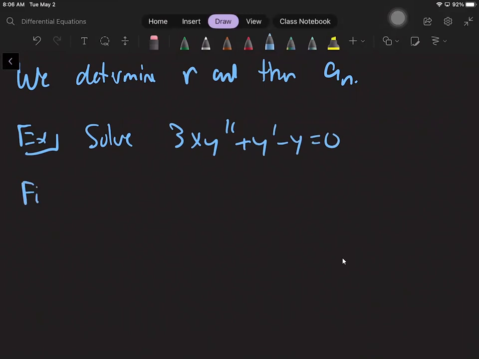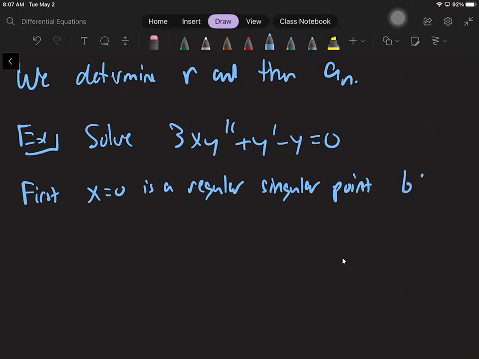So first, x equals 0 is a regular singular point. And if you want to see why again, when you divide out the 3x, it causes a little bit of division by 0, but not too much.